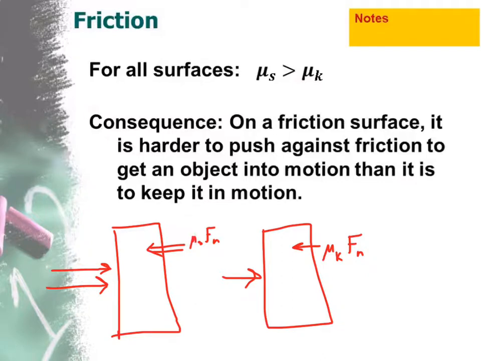So there are lots of applications to this, and now we're going to start building this into some of our other problems. Any problem that involves friction, now we can say the coefficient of kinetic friction equals 0.1 or something like that, and then you'll use that times the normal force to figure out what the friction force is.